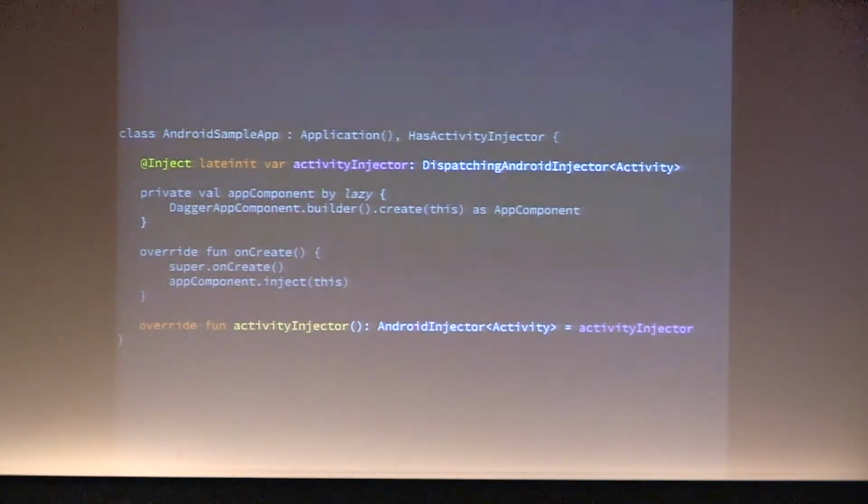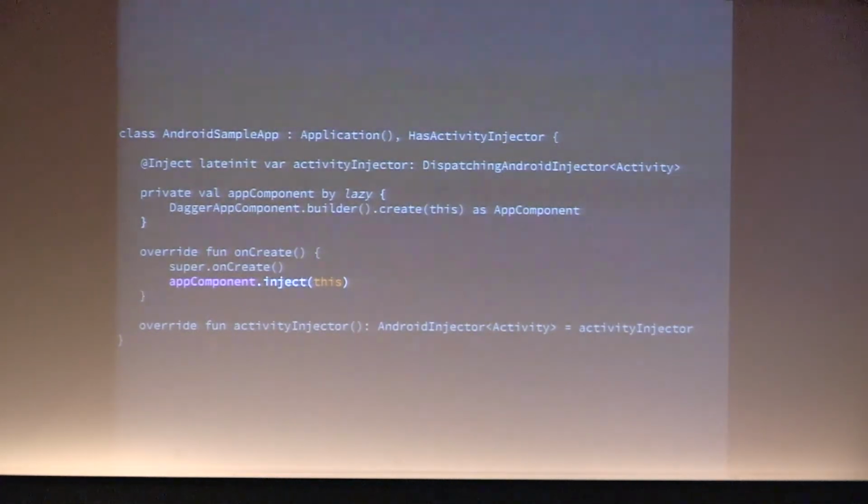And we are implementing the activityInjector method from the interface to return this injected field. We're creating our component in a lazy fashion, so that you don't create it when you don't need it, and you cast it as an app component. And then you inject your application so that the activity injector will be injected.